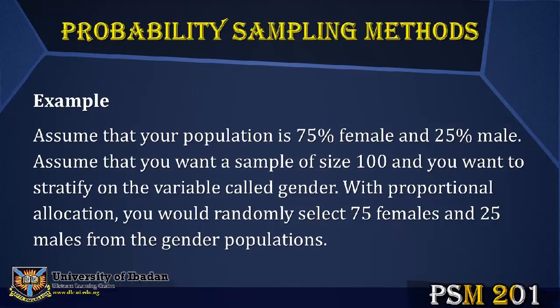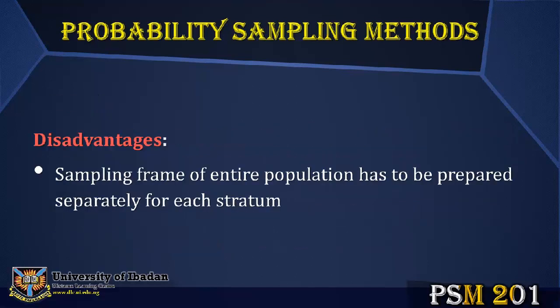Advantages: increase in representativeness of the sample, increase in precision of estimates, applicability in heterogeneous population for reducing sampling error. Disadvantages: sampling frame of entire population has to be prepared separately for each stratum.